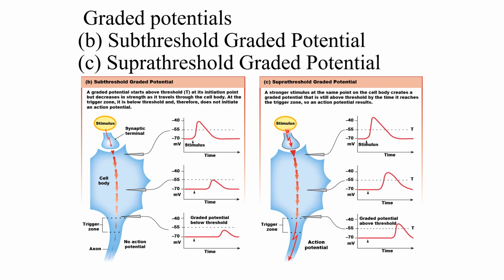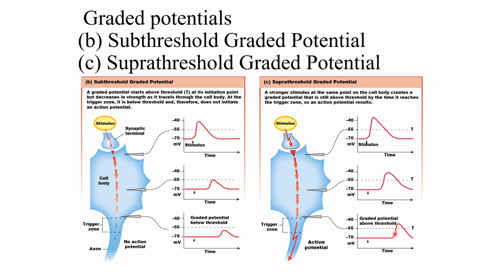So we refer to this right here as a supra-threshold graded potential, because that stimulus was strong enough at that starting point, and the graded potential was able to maintain its strength, staying a bit higher than that threshold, and so an action potential will result.